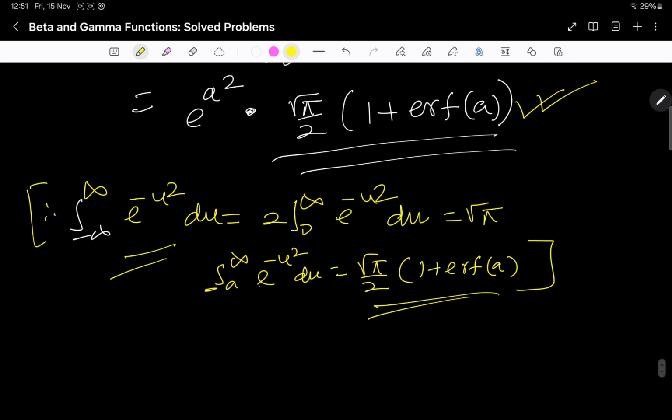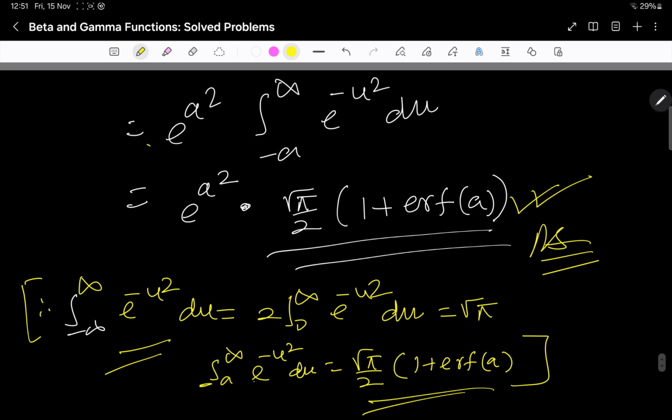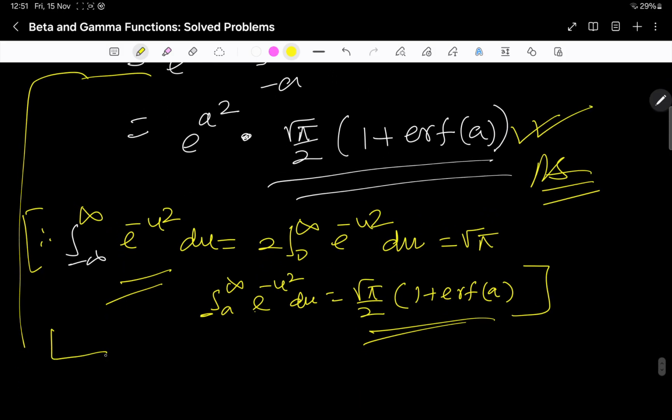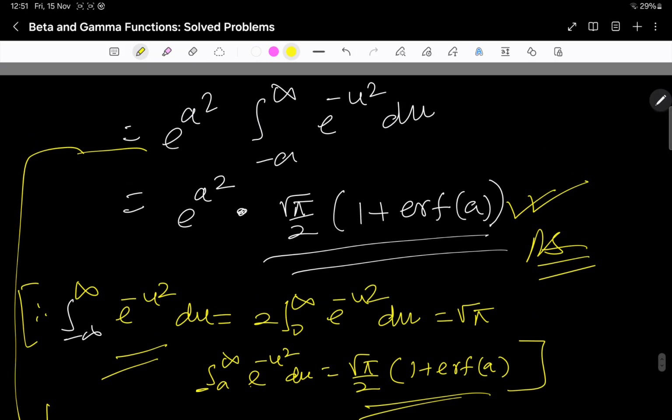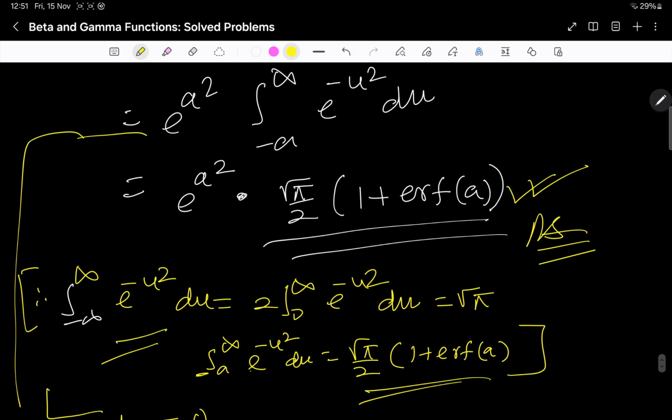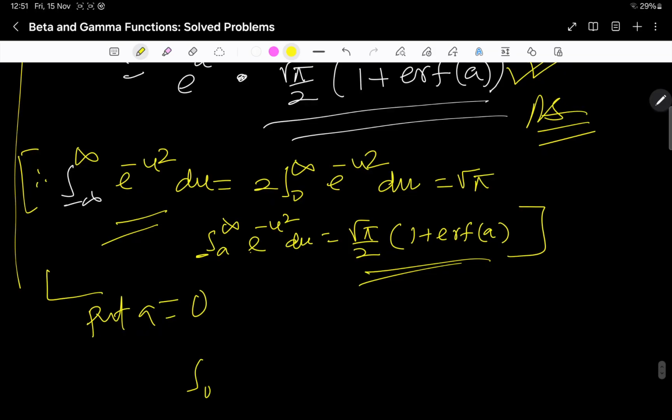And if you want to verify the validity of this formula, if you put here a is equal to 0, then what will happen here? If you put a is equal to 0, then e to the power 0 is 1, integral 0 to infinity e to the power minus u square du.